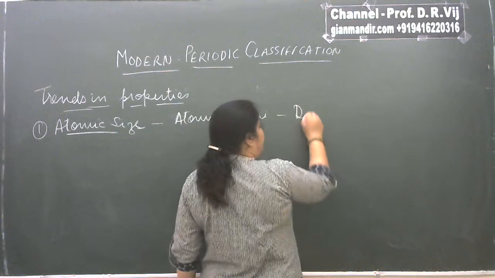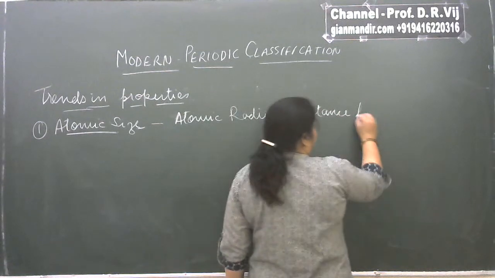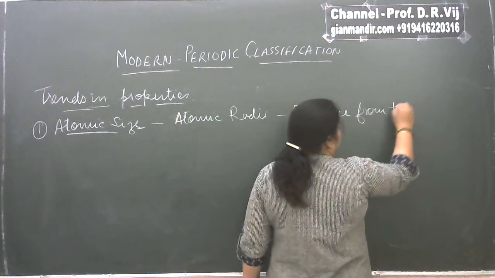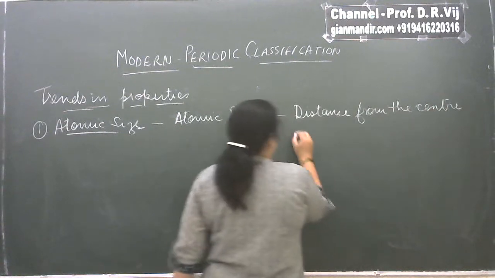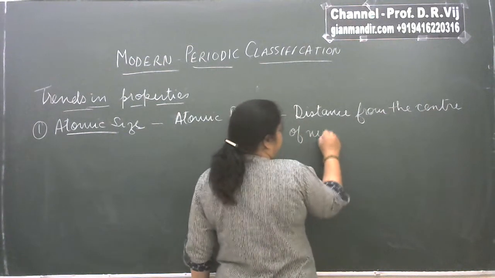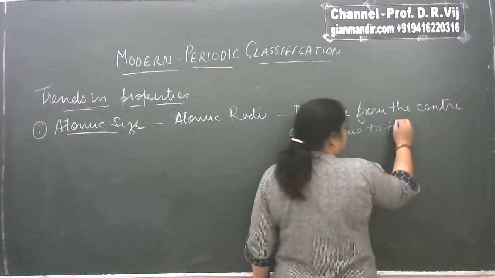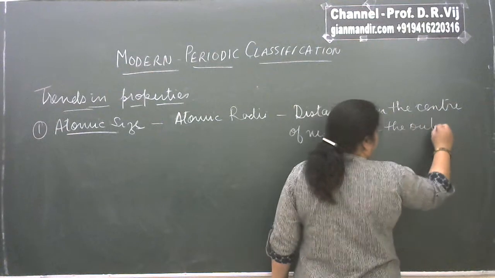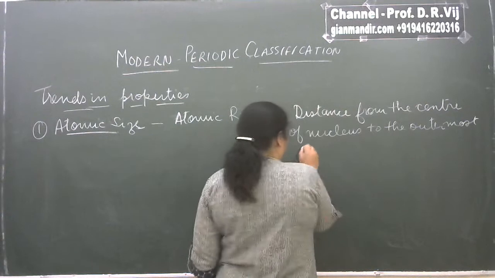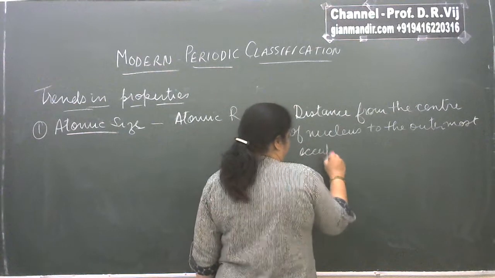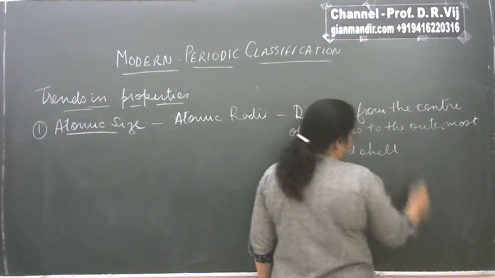It is the distance from the center of nucleus to the outermost occupied shell, right?